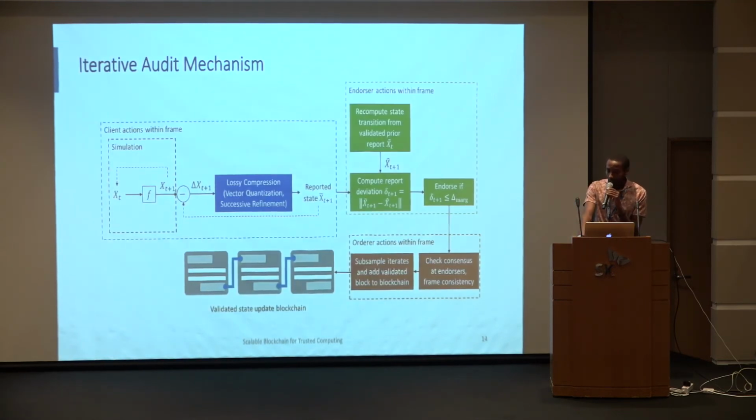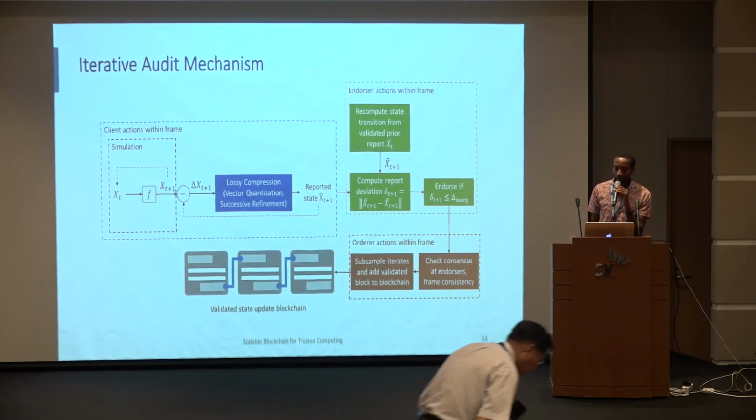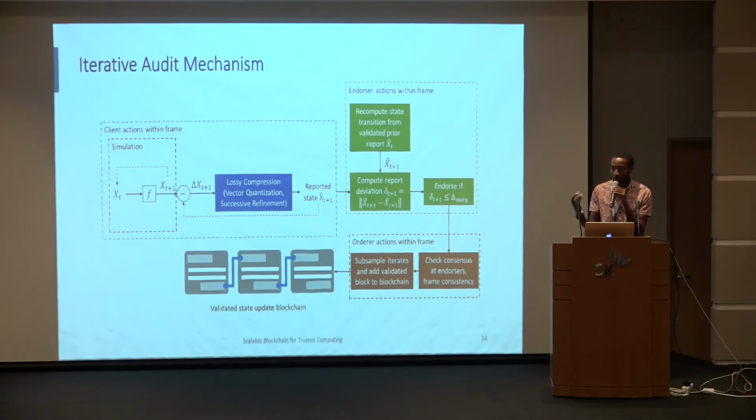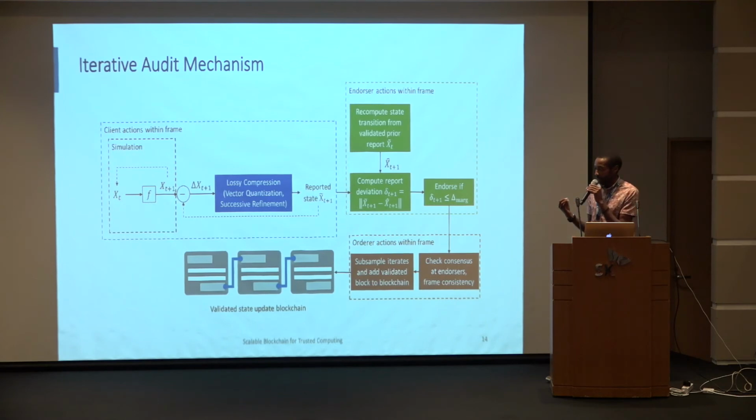So this is just an example of how we group frames together. Further on, we can now see the overall system model, whereby a client is able to compute, and after computing, compress and then send to the endorser. The endorser then validates by recomputing and sends the endorsements to the orderer.